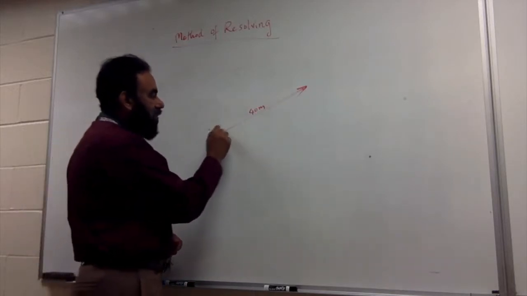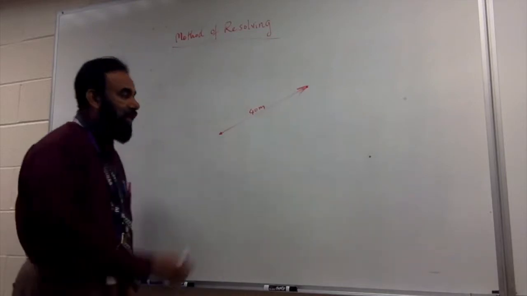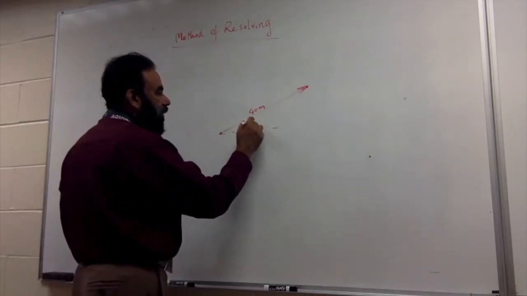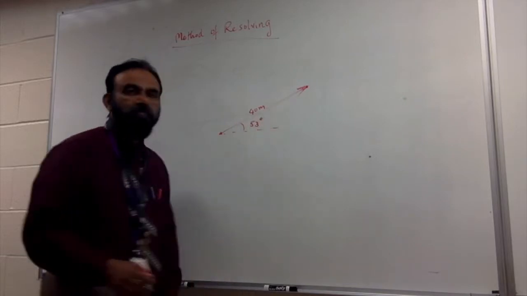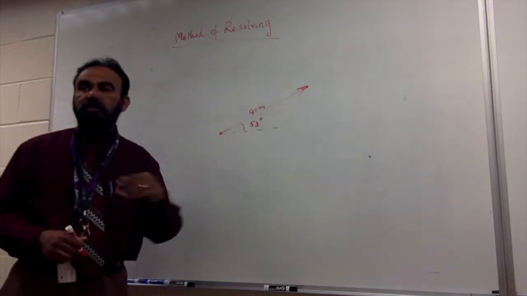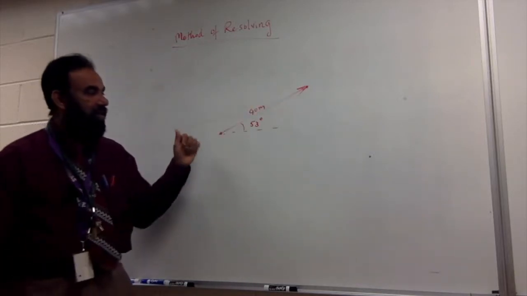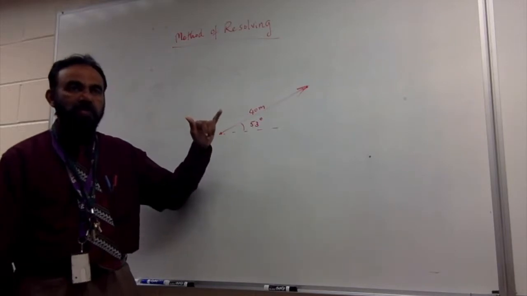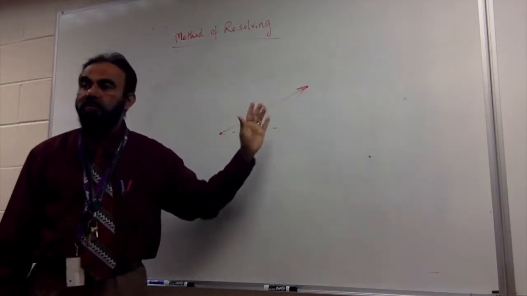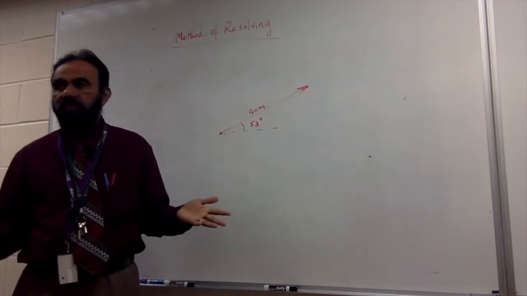So this is the starting point, this is the ending point, and this is at an angle of, let's say, 53 degrees. So one way of telling a person to go from here to there is by telling him, go 40 meters displacement at 53 degrees north of east. And then everything is clear.